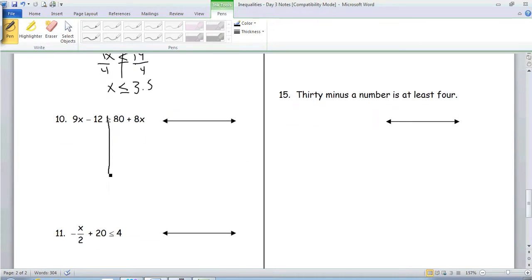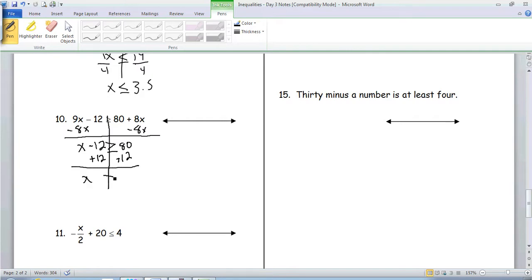All right, number 10, we have variables on two sides. Since 8 is less than 9, I'm going to move my 8x. I end up with x minus 12 is greater than or equal to 80. Add 12 to both sides.